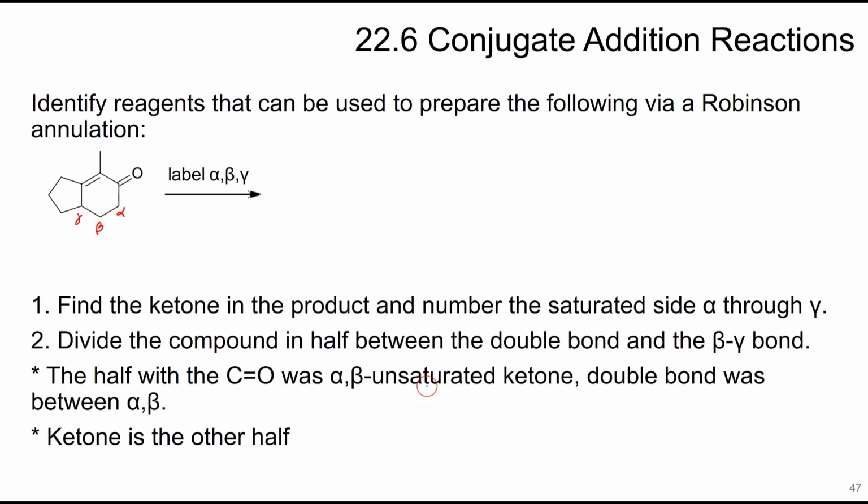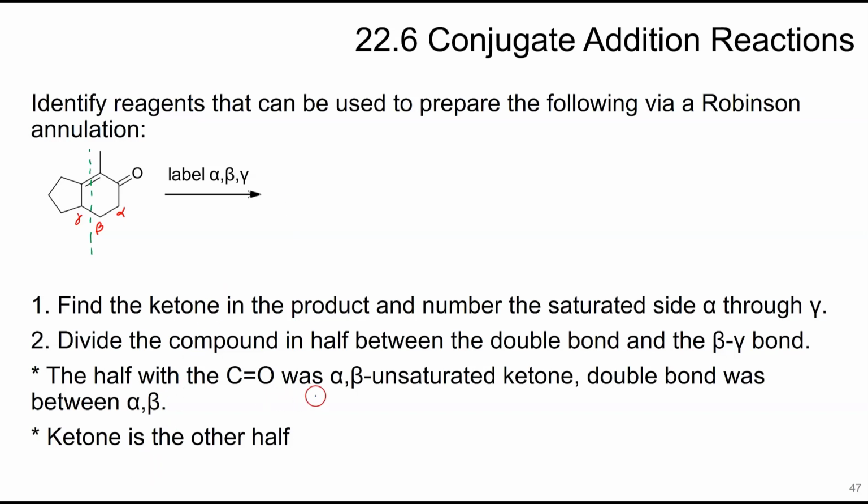Divide the compound in half between the double bond and the beta gamma bond. The half with the C double bond O was the alpha beta unsaturated ketone, and the double bond was between alpha and beta. The ketone is the other half. So you can think about prying those pieces apart.